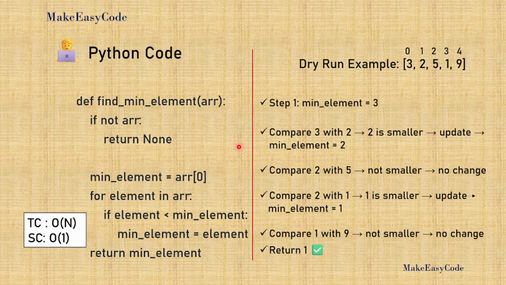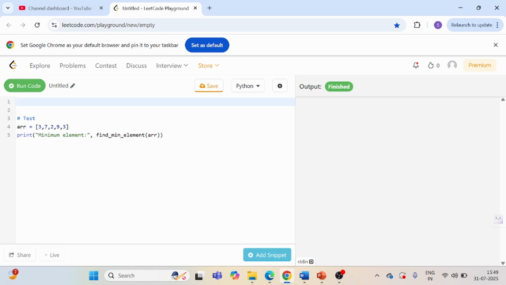I hope you understand this code, and for better understanding we'll use the same code in LeetCode and try to understand it in a better way. So let's go to LeetCode. Here I'll write the code again to check whether we're getting the expected output or not. So let's write the code.